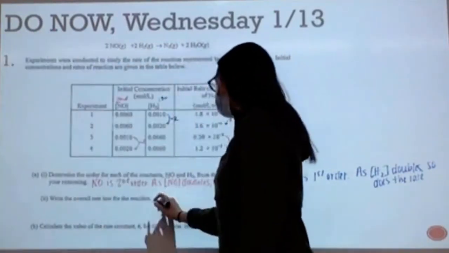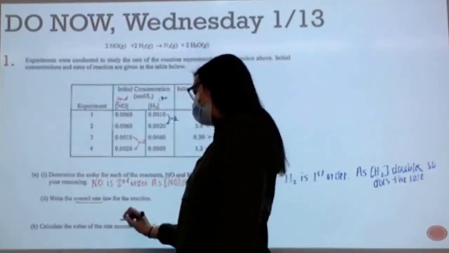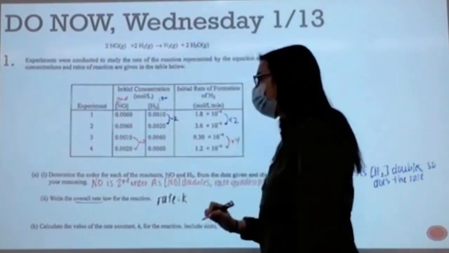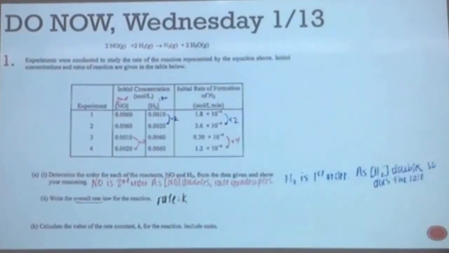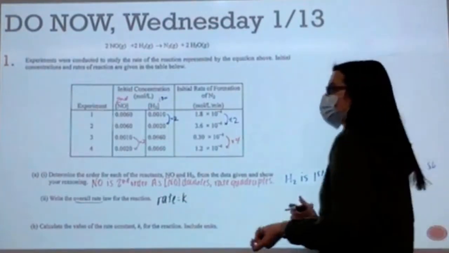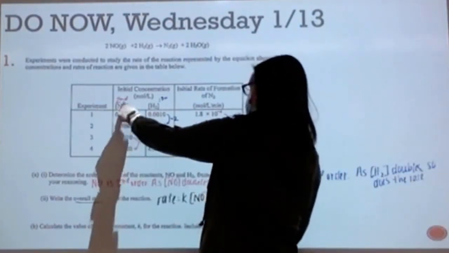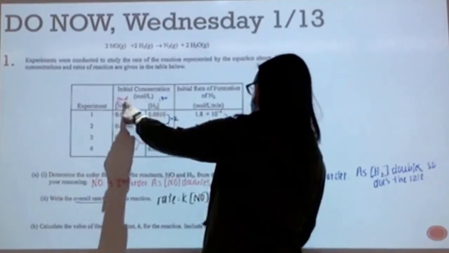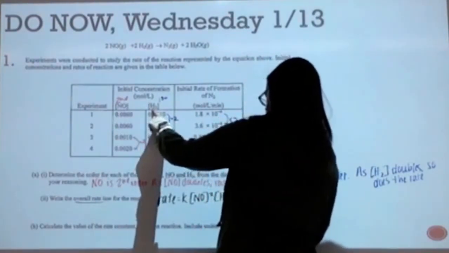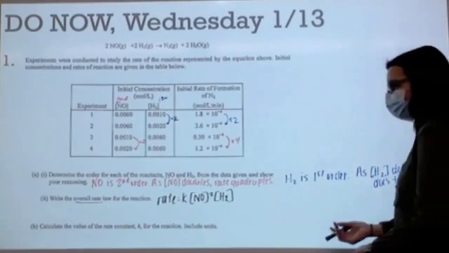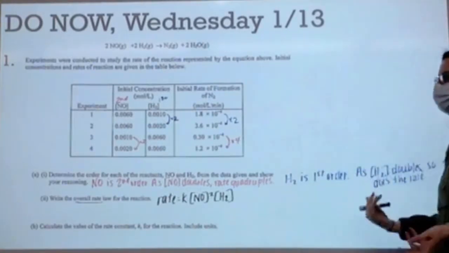So rate law, whenever you see rate law, just remember that it always starts with rate equals K, and then you have times the concentration of reactants. So I'm going to have times the concentration of NO squared, because it's second order, times the concentration of H2. If you want to put the 1 after H2 to the first power because it's first order, that's fine. But you don't need it because if it's not there, it's assumed to be a 1.